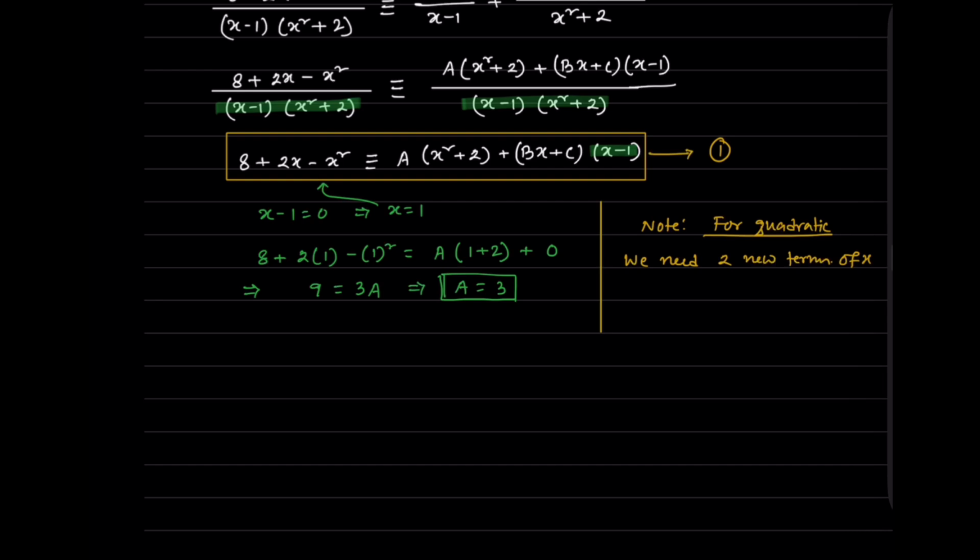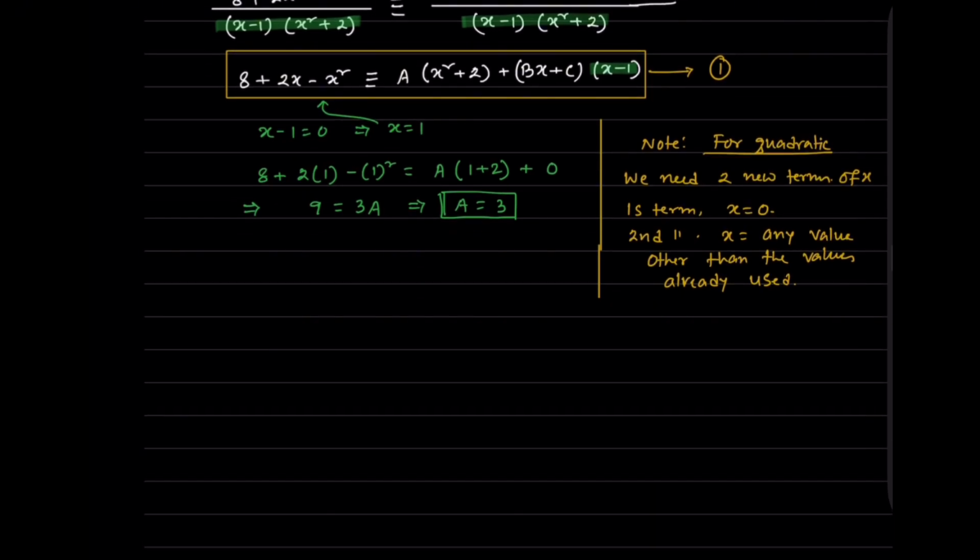First, x equals 0, and second, x equals any value other than the values already used. So what does it mean?